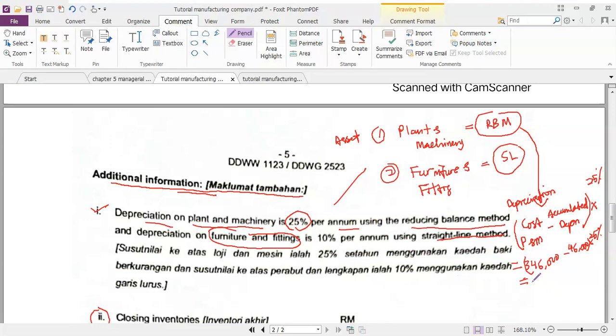Are you sure, Joshua? 346,000 tolak dengan 46,000 dapat berapa? Lepas tu dah dapat berapa, darab pula dengan 0.25 iaitu 25%. So dapat berapa?